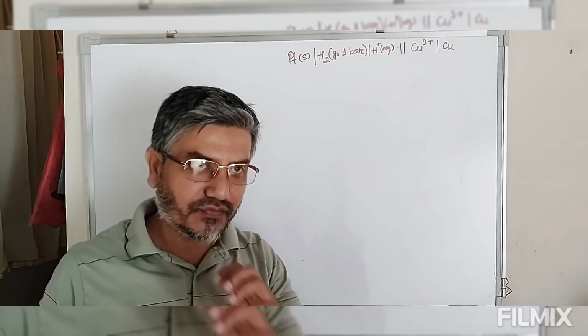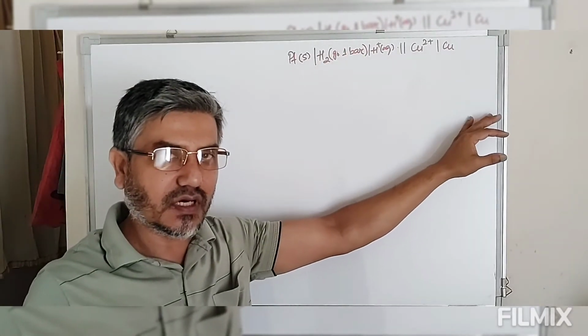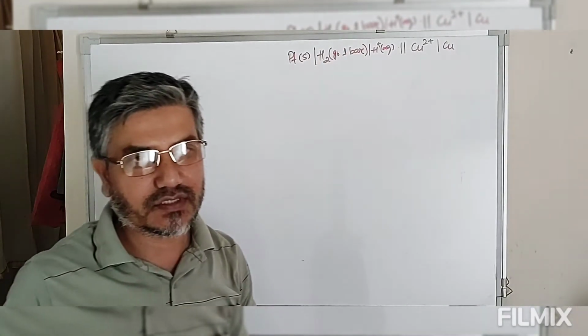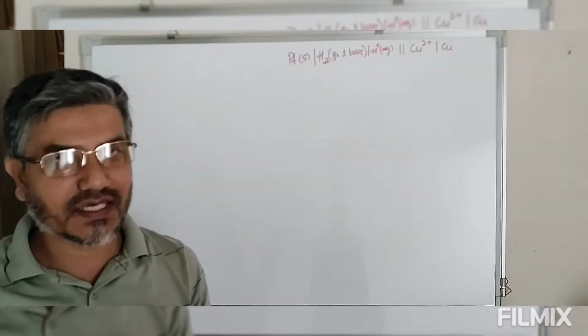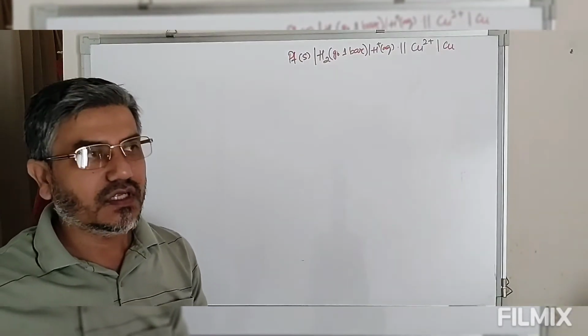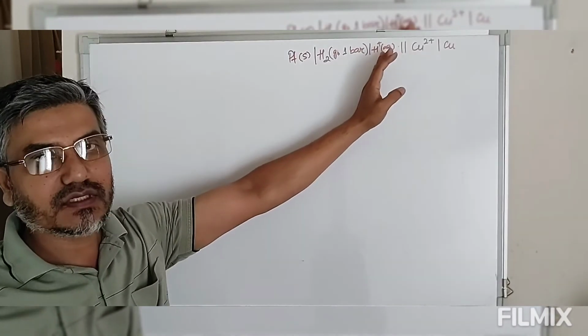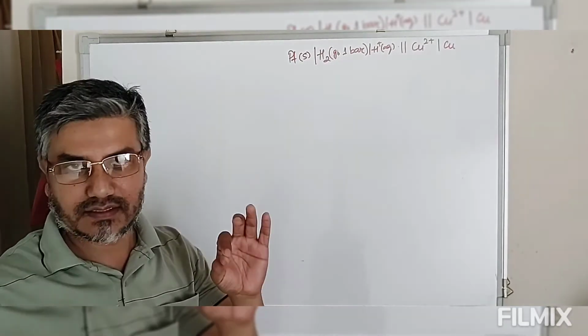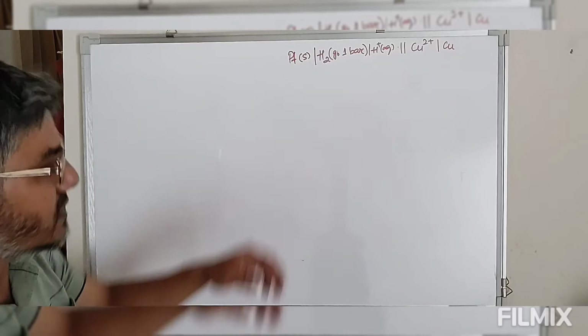So now if the gas and solution are not in contact with each other, no chemical reaction takes place. So whenever we have a gas in any electrode, to make this gas and solution electrically contact, we always use an inert electrode.